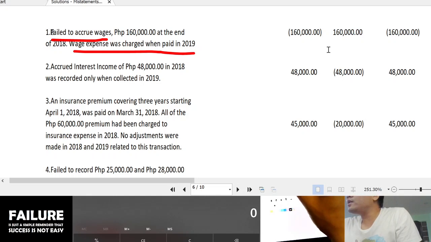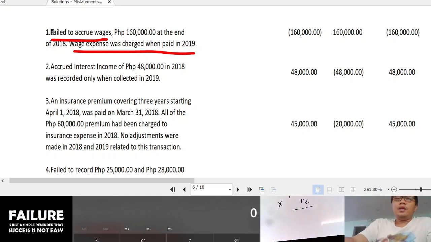So the point is in 2019 dapat itong monthly amortization or monthly insurance expense mo na 1,666.67 for 1 year in 2019, dapat ma-recognize mo siya.